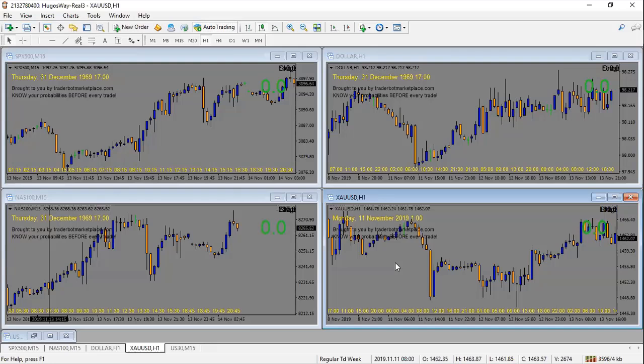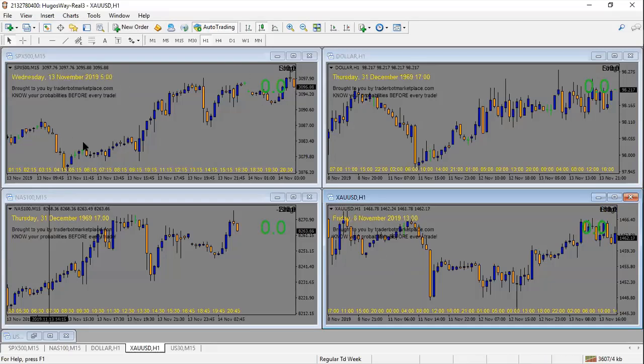And then you have NAS 100, which moves the same direction, but NAS 100 will move, let's say, 300 to 500 pips in the same move. And then you have US30. It'll also move the same direction, but that will move 1,000 to 1,500 pips. And then you have gold, which moves opposite of all of it.